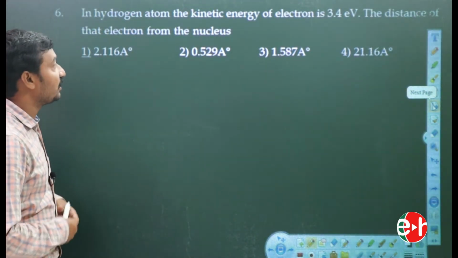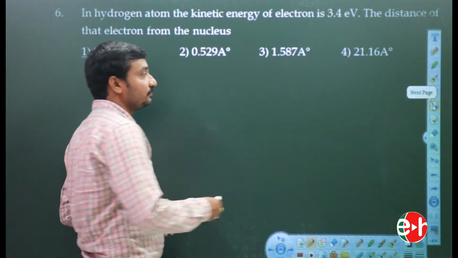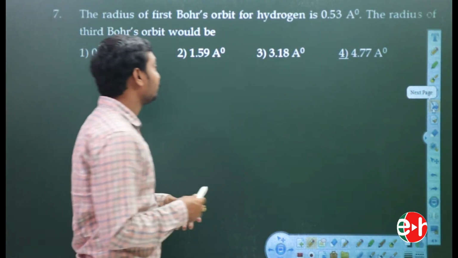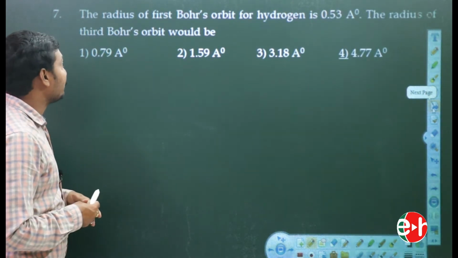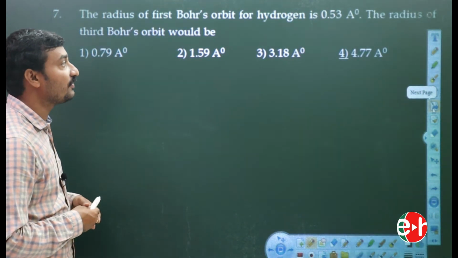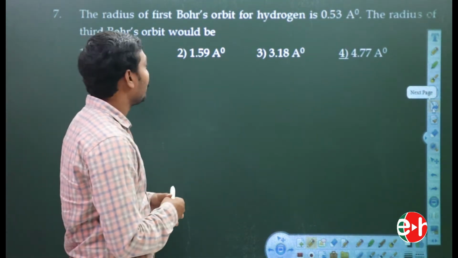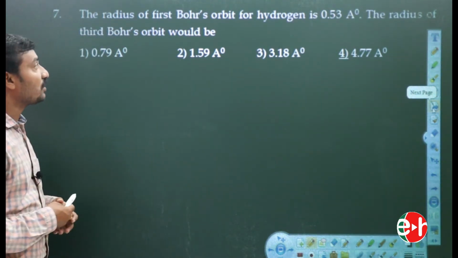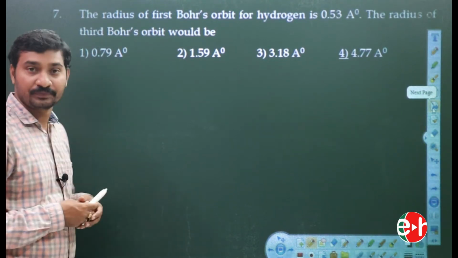Next one. The radius of the first Bohr orbit for hydrogen is 0.53 angstrom units. The radius of the third Bohr orbit would be?